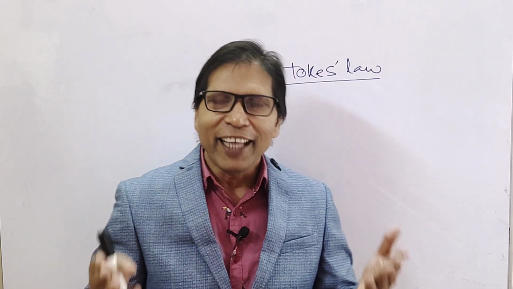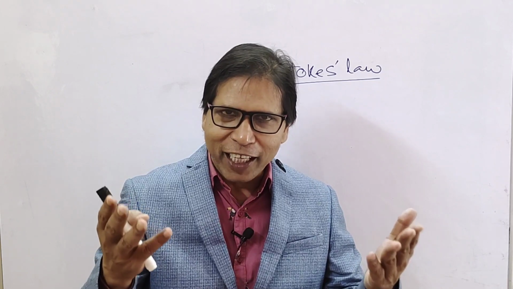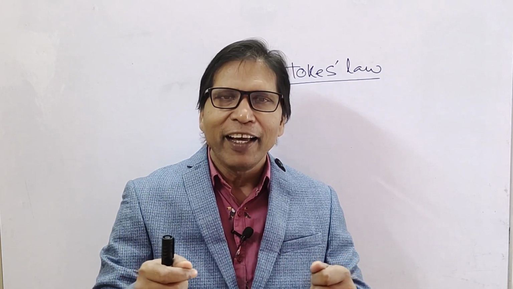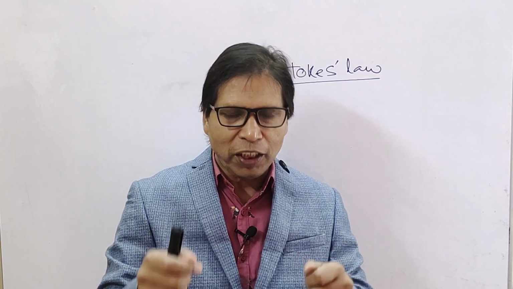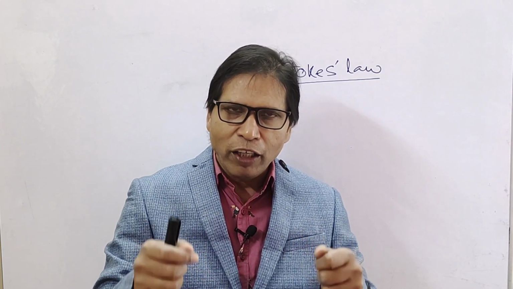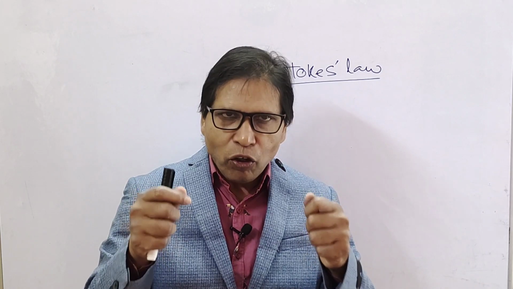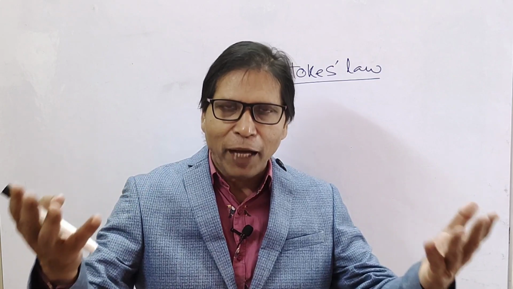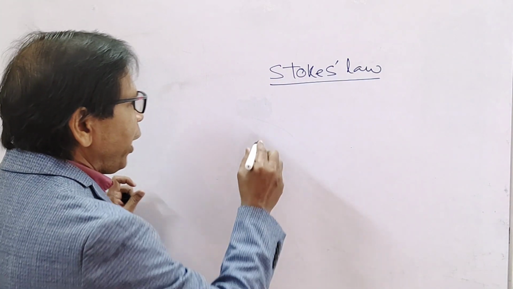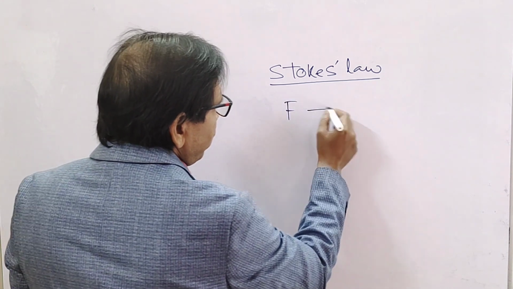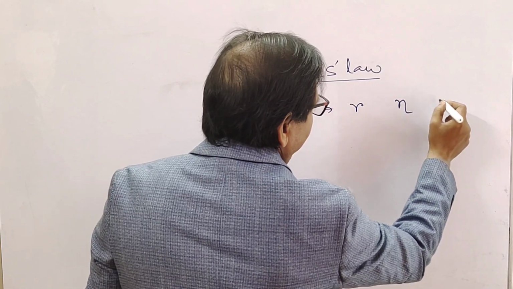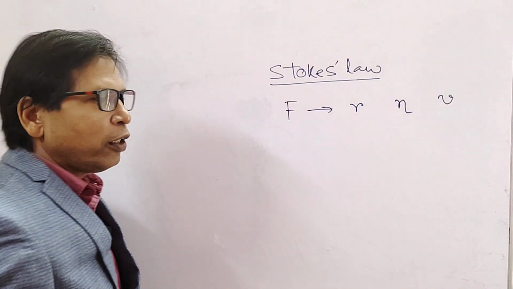Now Stokes law. The relation among the viscous force acting on a body of radius r and terminal velocity v is called Stokes law. Stokes law can be obtained with the help of the principle of dimensional homogeneity. The viscous force F depends on the radius of the body, coefficient of viscosity and terminal velocity.